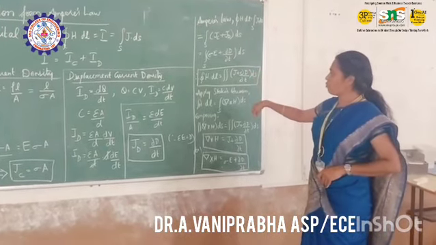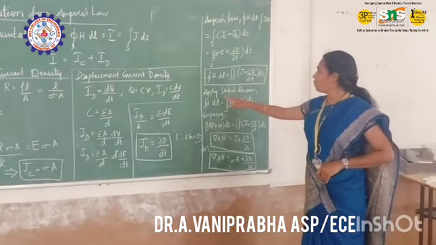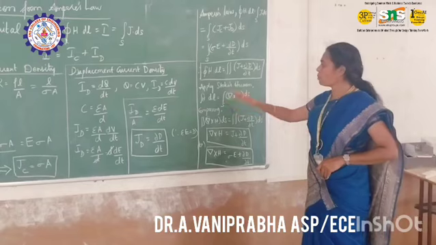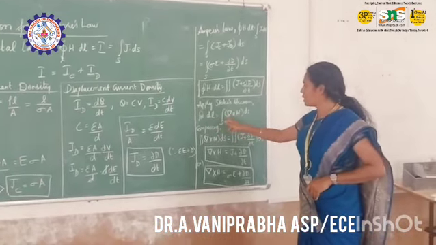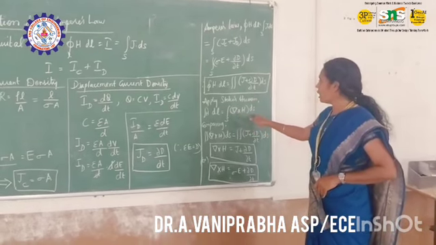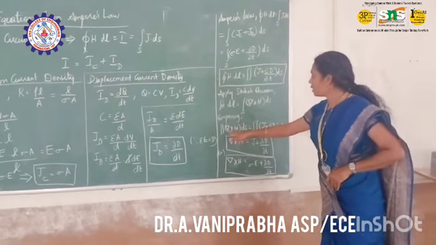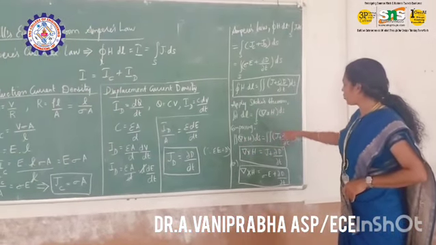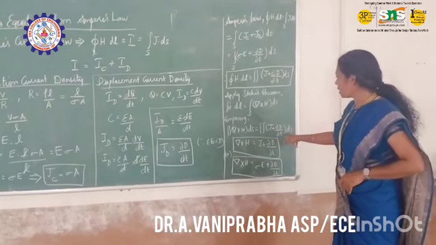Coming to the differential form, wherever we have to identify the differential form of an equation, we can apply Stokes' theorem. Stokes' theorem relates the line integral and the surface integral: the integral of H dot dl is equal to the surface integral of del cross H dot dS. Comparing those two equations, the integral of del cross H dS is equal to the right side of that equation, the integral of J plus dou D by dou t dot dS.